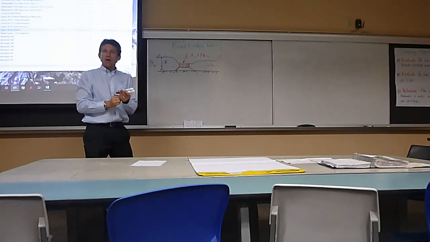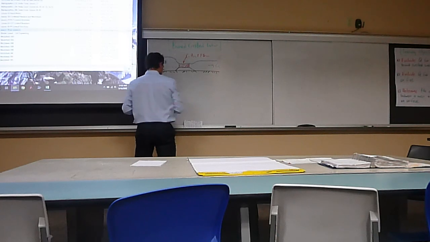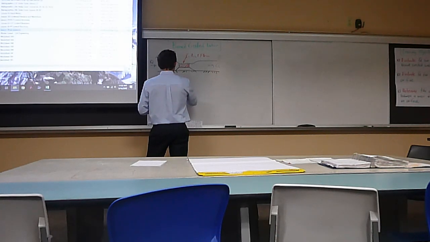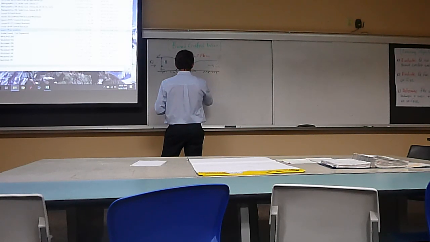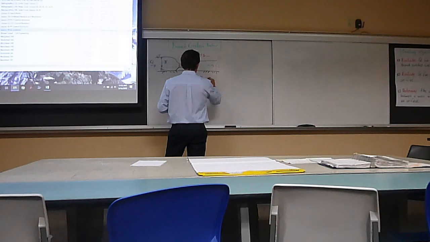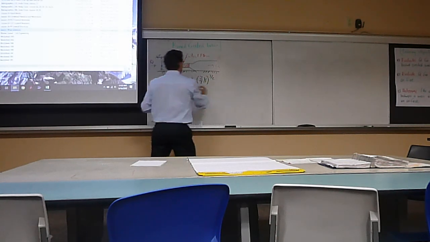So for our broad-crested weir equation, what it looks like is Q is equal to C_D square root of G, B, which is our width of the crest, times 2/3 H raised to the 3/2.